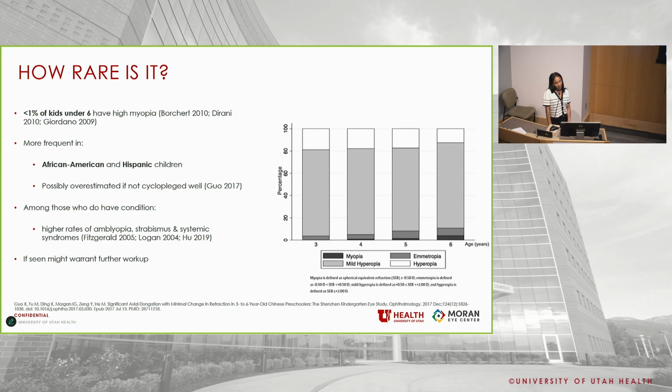And based on some of the literature I looked at, done in the United States, mainly in California as well as in Maryland, particularly Baltimore, they've stated that African American and Hispanic children have a higher rate of early onset myopia. So I wanted to touch upon that because we know environmental factors, systemic health risks, potentially like prematurity, and importantly, disparities in access to early eye care likely all contribute.